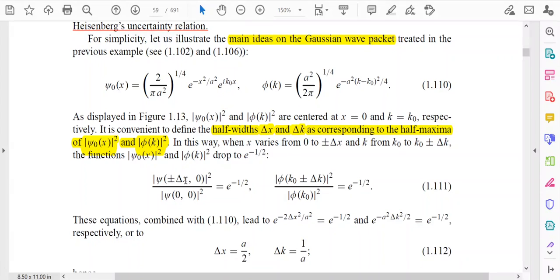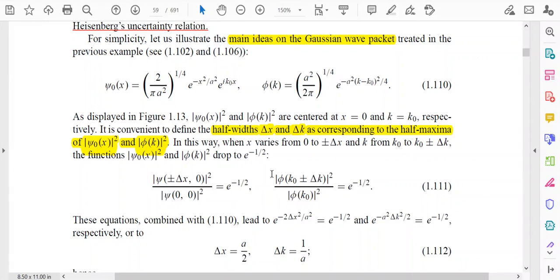So if we put the values for the position x is equal to plus minus delta x and for the position x is equal to 0, corresponding to e to the power minus half, then we will obtain delta x is equal to a by 2.